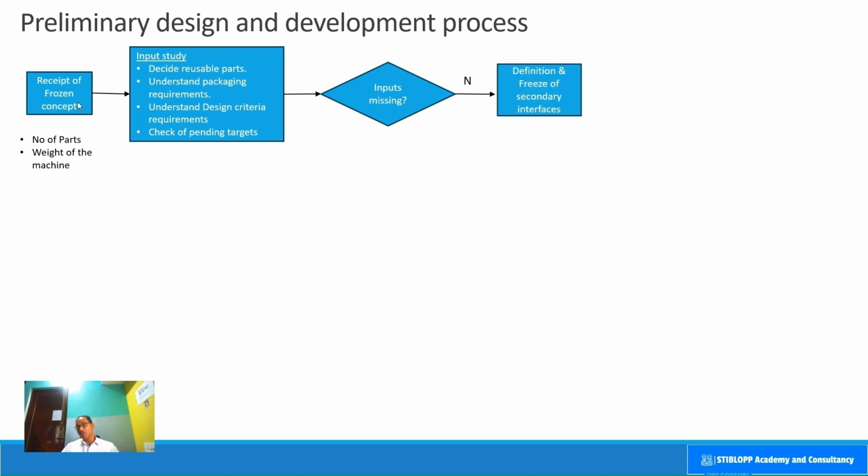If no inputs are missing, we proceed towards definition and freeze of the secondary interfaces. If there are any inputs missing, then we approach the PM to get those inputs.